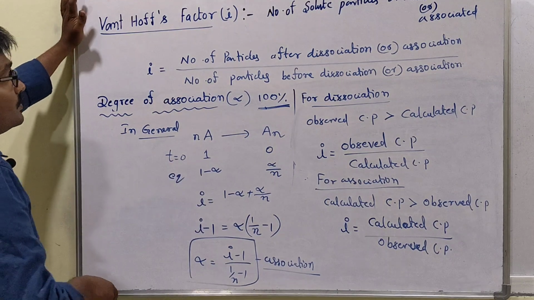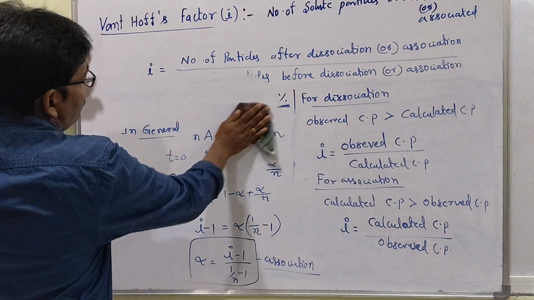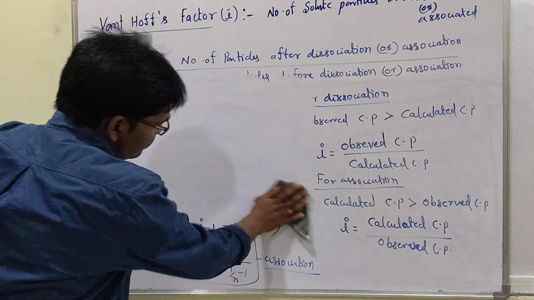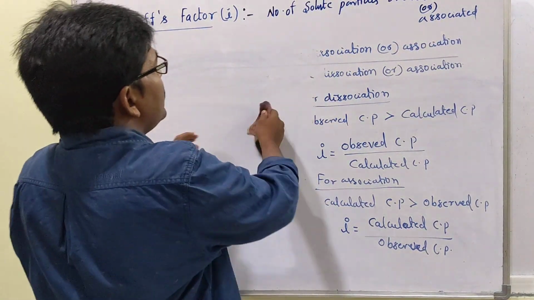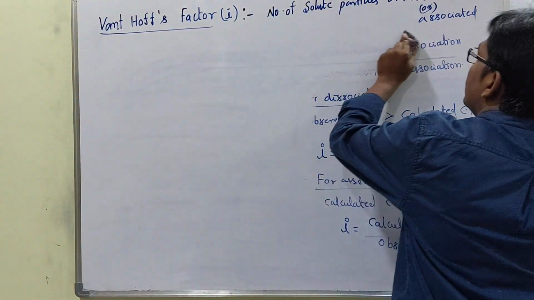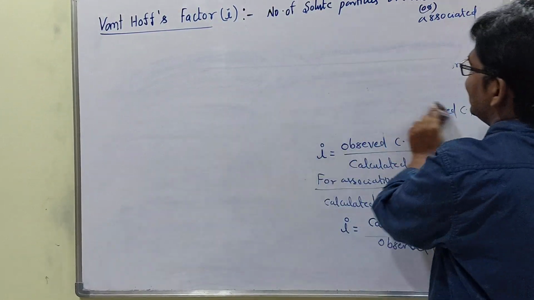Now, by using the van't Hoff factor, colligative properties are modified for electrolytes.